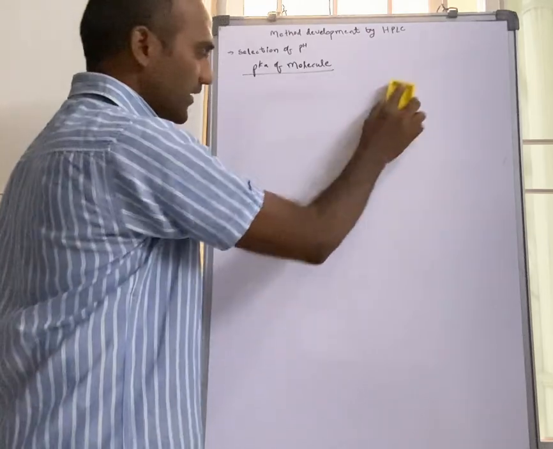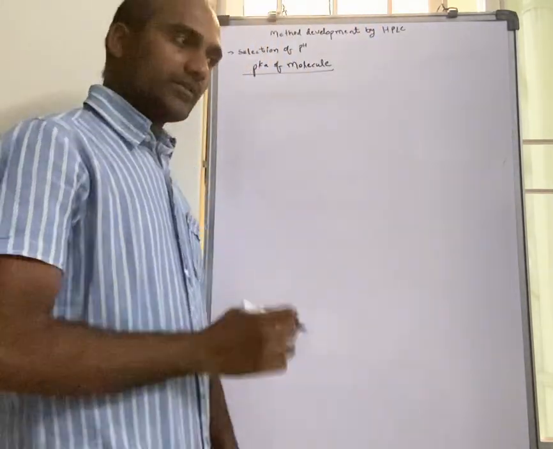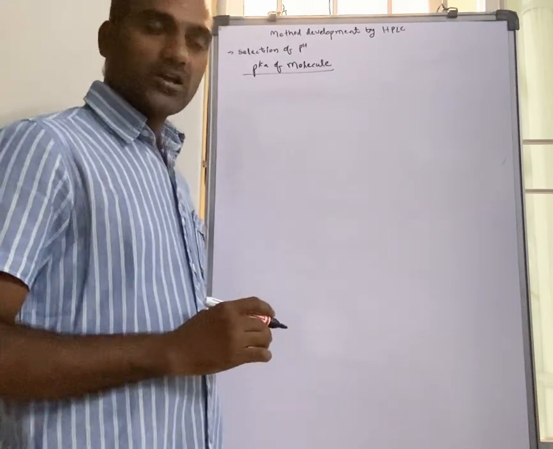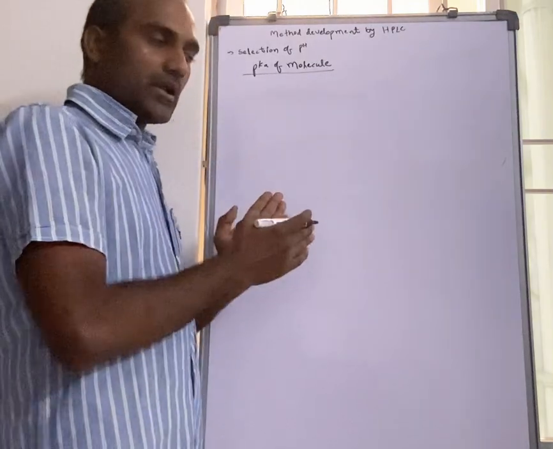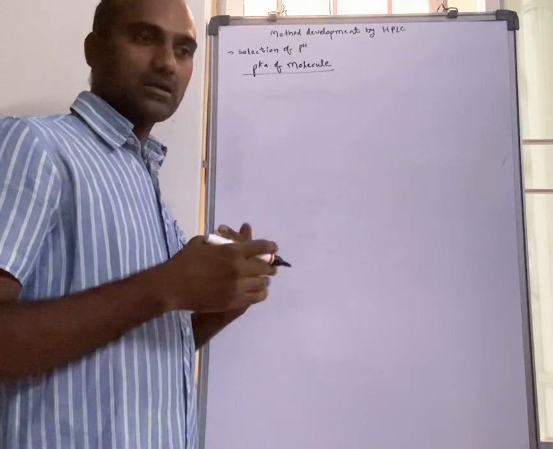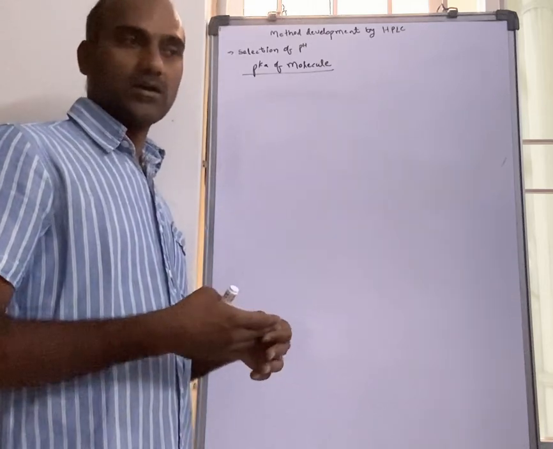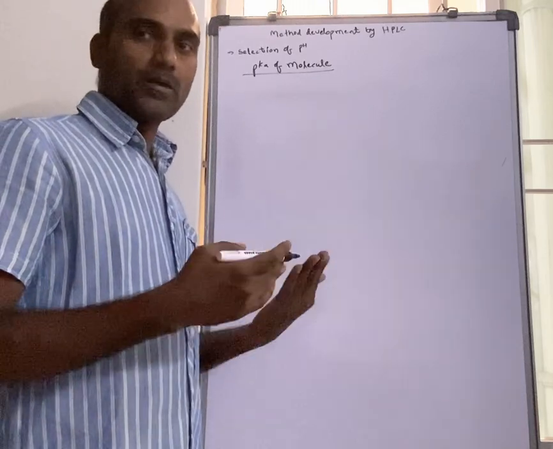Then at that time we will use ion pairs. If at very low pH or high pH we are not getting improved peak shapes, then we will go for ion pairs.